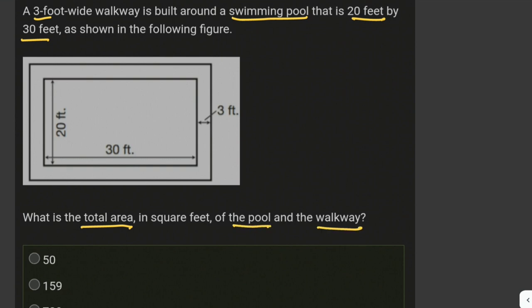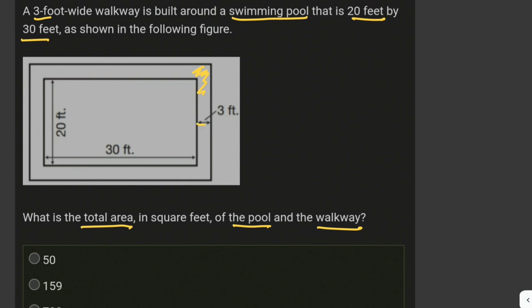Now to solve this, let's take a look at the figure here. This one is the swimming pool, with dimensions 20 feet by 30 feet, and this is the walkway here, and this is 3 feet wide.